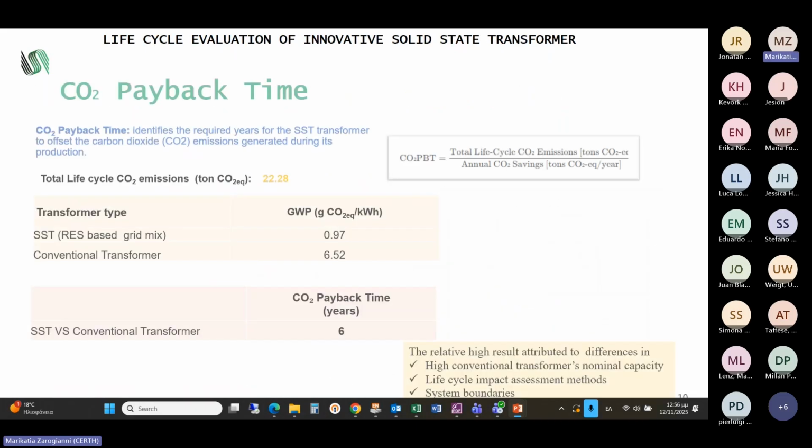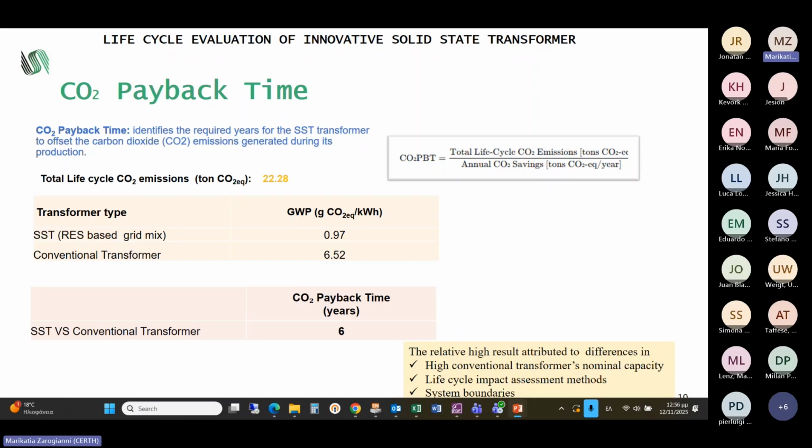Finally, another performance indicator was estimated, the CO2 payback time, which identifies the required years for the SST to offset the carbon dioxide emissions produced during its production. The result of CO2 payback time is 6 years, which is quite high.